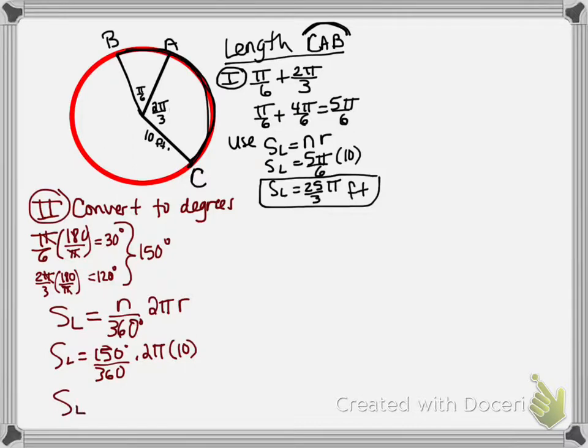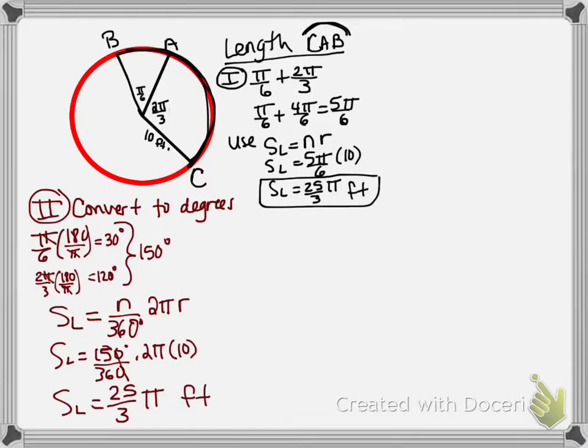If I simplify this, times 20 and work it out, I get 25 over 3 pi feet. And so there you have it, two ways that you can use the sector length.